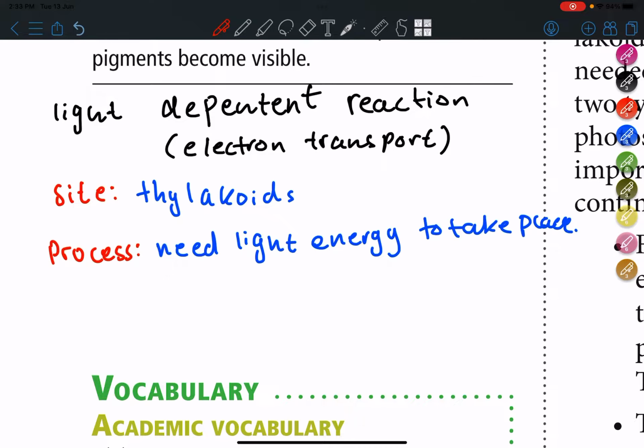It is important to note that water is essential for this process. So water is essential. It is very important for this process. So water is essential for electron transport.